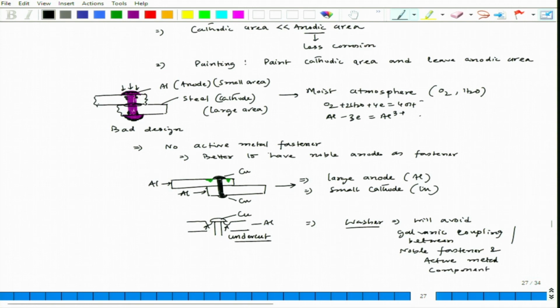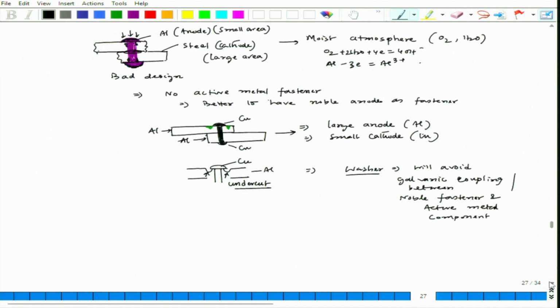Okay. So, this is basically the effect of an insulator. So, we are actually using an insulator to break the connection between copper and aluminum in this case, or between a noble fastener and an active metal component.